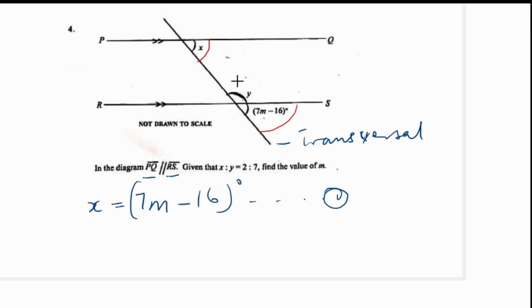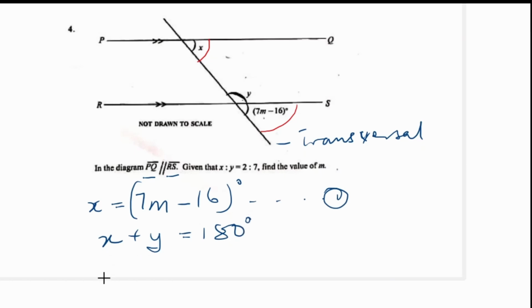Also, the x and the y are same side interior angles or co-interior angles, right? And same side interior angles are supplementary according to the theorem. So if co-interior angles are supplementary, it means that x plus y will be equal to 180 degrees, right?